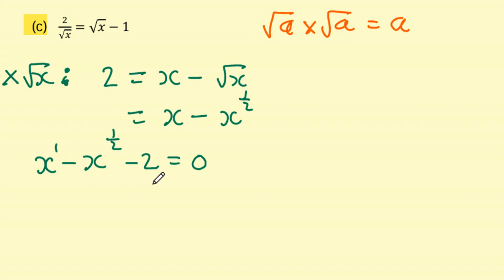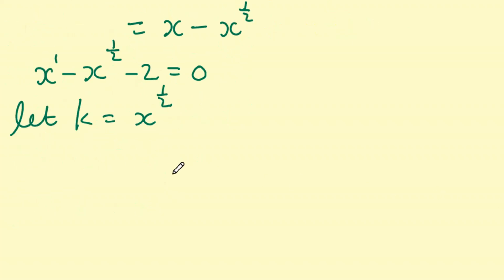So this is a hidden trinomial, and we can use k-substitution. We're going to let the second x equal k. So let k equal x to the power of a half. We can substitute in k.